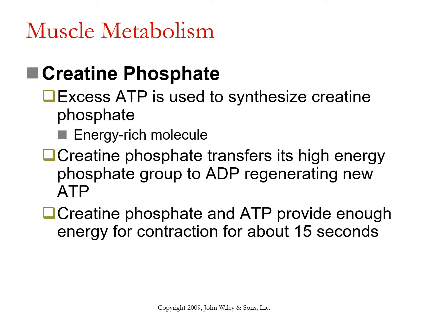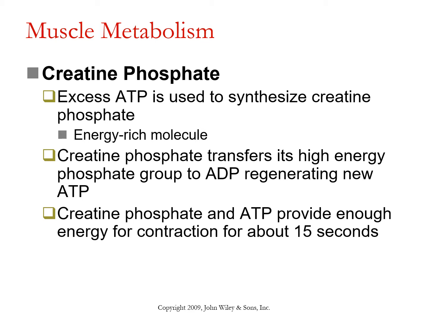So here we have creatine phosphate. Whenever the cell is resting and there's excess ATP, the energy is transferred to creatine phosphate. And then creatine phosphate can transfer that high energy phosphate group to ADP to quickly regenerate new ATP during activity.